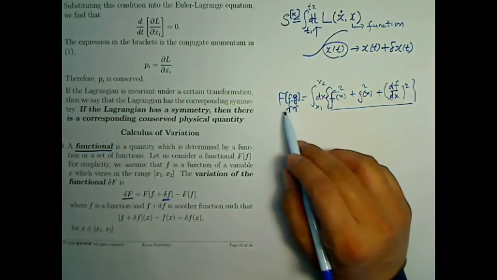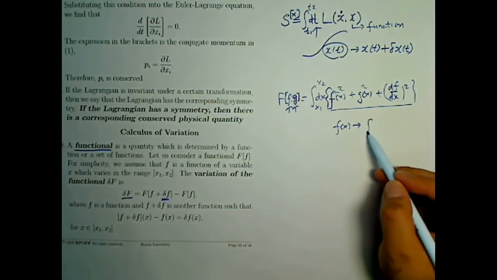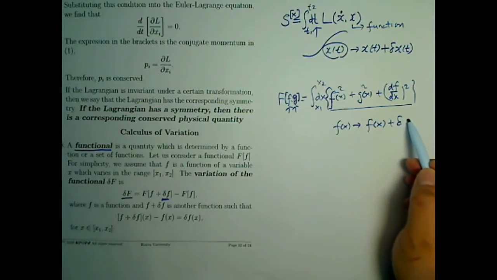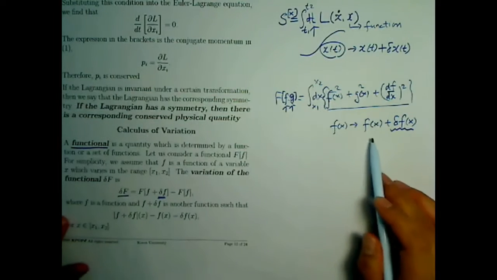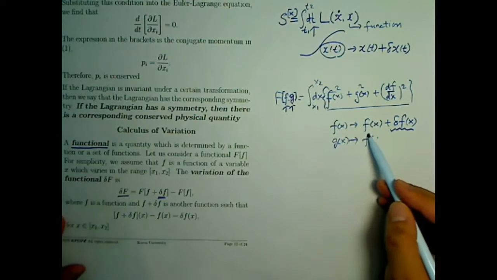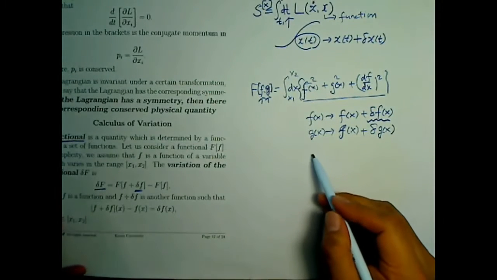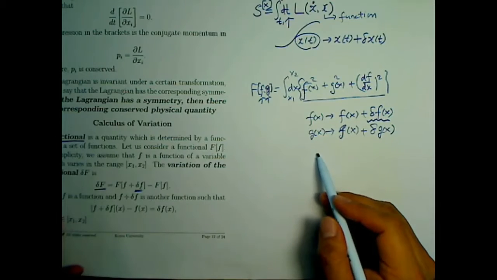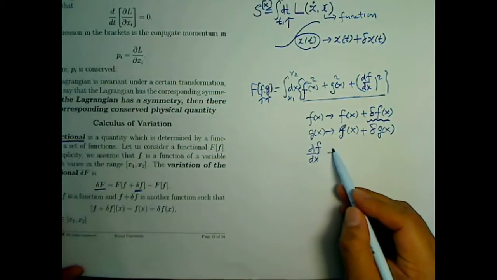So when I evaluate this functional, I vary this function from the original value. g of x is transformed into g of x plus delta g of x, something like that. And this one is varied.